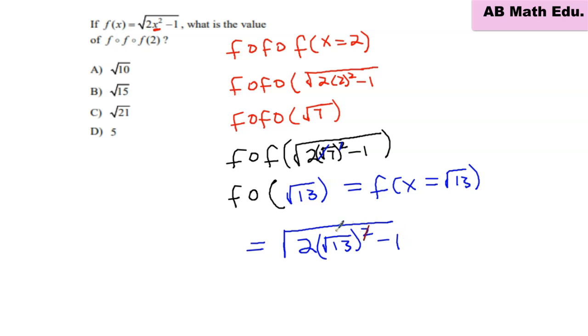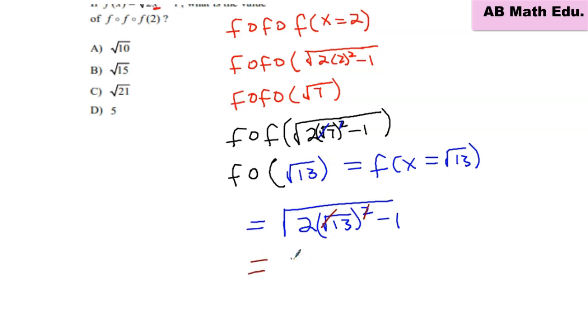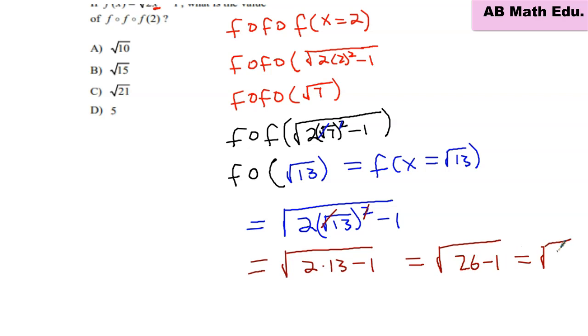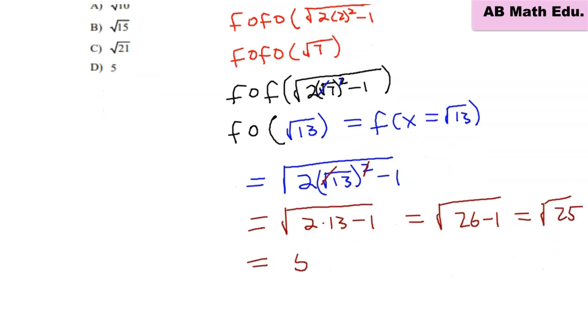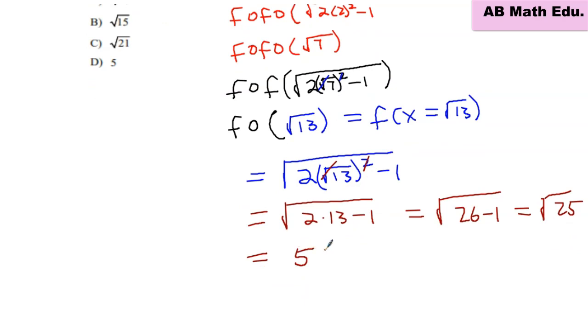And this will get away all of this. So 2 times 13 minus 1, which is going to be 26 minus 1, which is going to be root 25. Root 25 is 5. So the answer will be D.